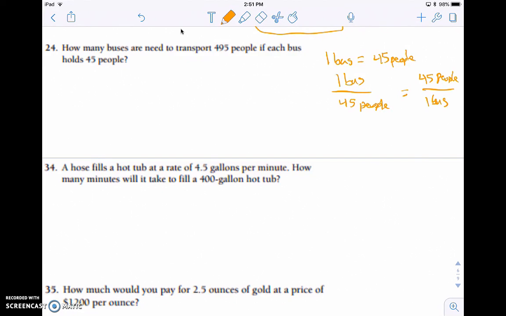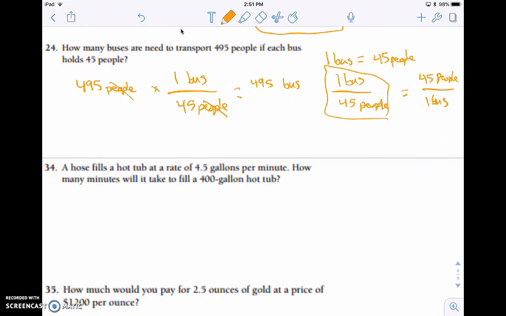So we're transporting 495 people. And again, the end question is how many buses do we need? So we're going to take that times, and I want to cancel out people, so I'm going to be using this conversion factor: 1 bus over 45 people. Okay, people are going to cancel, so I'm going to have 495 times 1 bus over 45. And now I just need to take 495 divided by 45, and that will give us 11 buses.